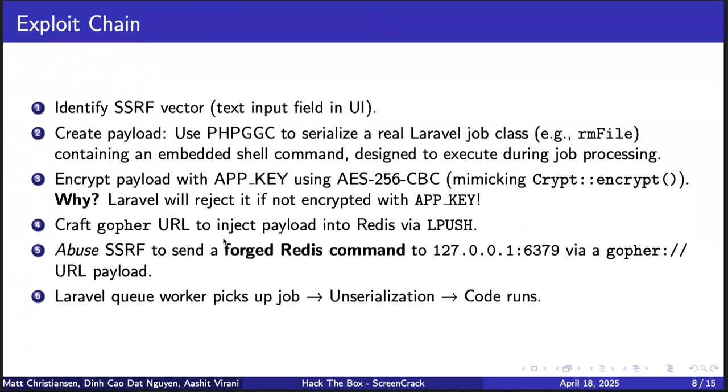So we wanted to identify the SSRF vector. We created the payload, encrypted the payload, crafted the URL, and then abused SSRF to send the forged Redis command using Gopher. Then that Laravel queue worker picks up the job, it does unserialization, and then the code runs and you're able to capture the flag.